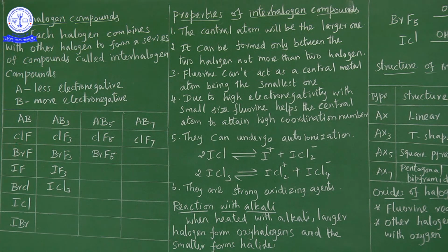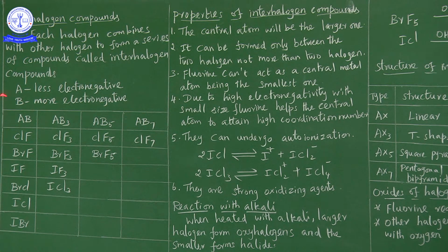Then bromine. So the bromine can form interhalogen compounds with the more electronegative elements. அப்போ குளோரினுக்கு மேலே இருக்கிறது தான் என்னவா இருக்கும்? மோர் எலக்ட்ரோநெகட்டிவ் எலமெண்ட்டாக இருக்கும். That means fluorine, chlorine, bromine. அப்போ bromine can combine with fluorine and with chlorine, it forms interhalogen compounds. ஸோ BrF, BrF3, BrF5 and BrCl.